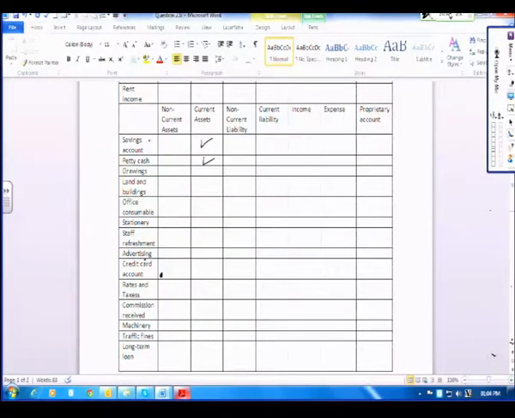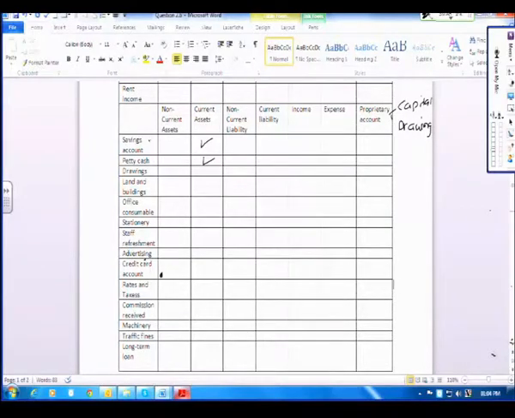Drawings. You remember when we spoke about drawings, we said drawings and capital are proprietary accounts because they are transactions with the owner of the business.